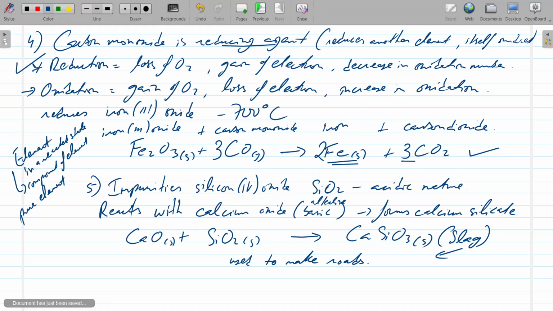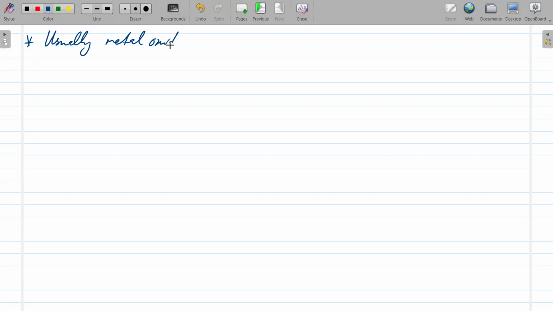One thing they mention over here, right? It's in the book. Usually, metal oxides are basic and non-metal oxides are acidic. So something for you to keep in mind.